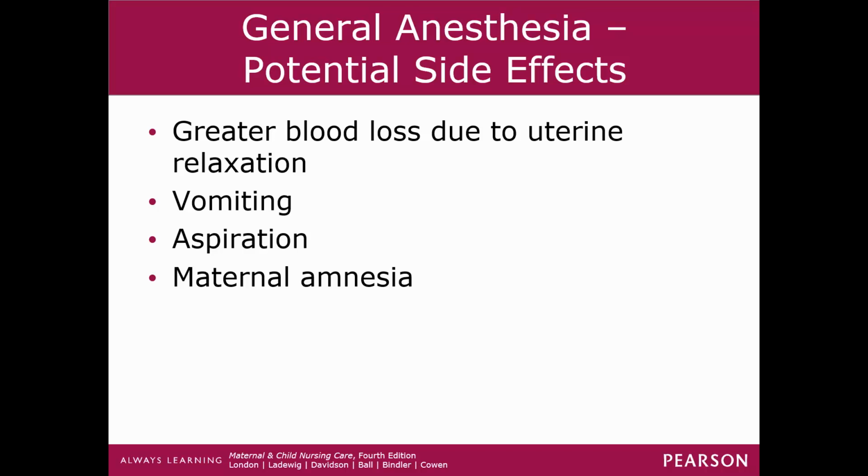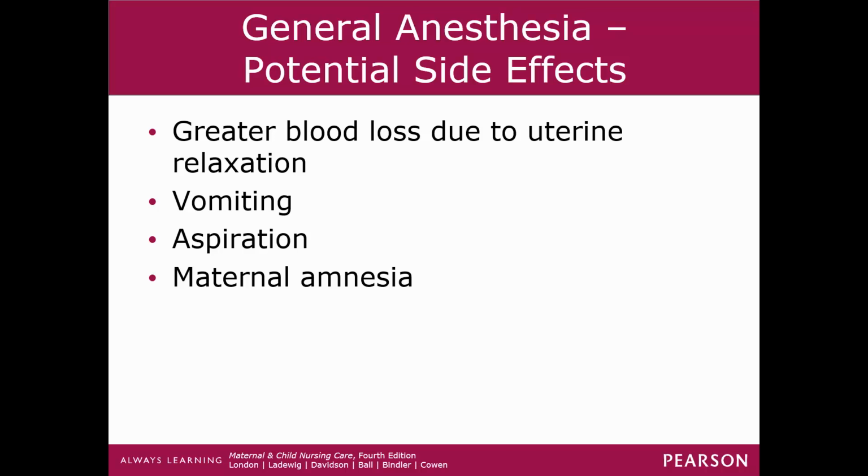And there have been a few times where we could not get a good enough spinal. For some reason, we weren't necessarily going for a stat C-section. We were maybe planning a repeat C-section or a primary C-section because of macrosomia or because of breech presentation.